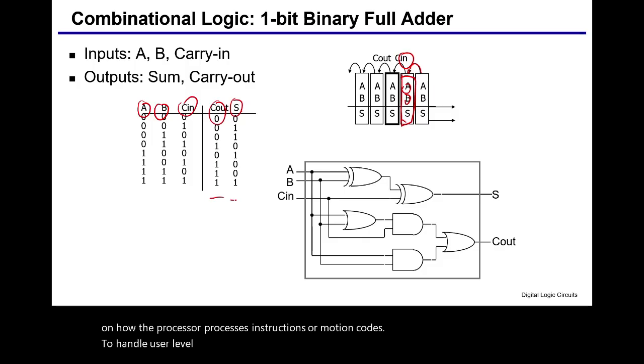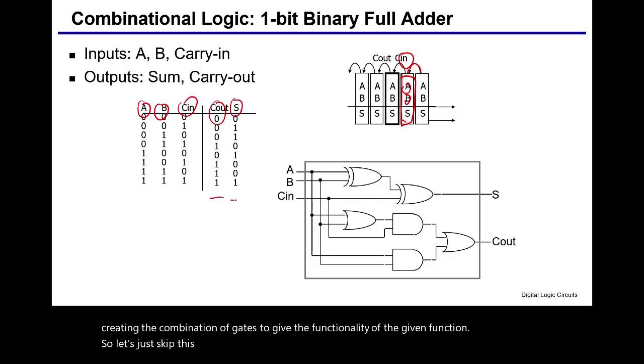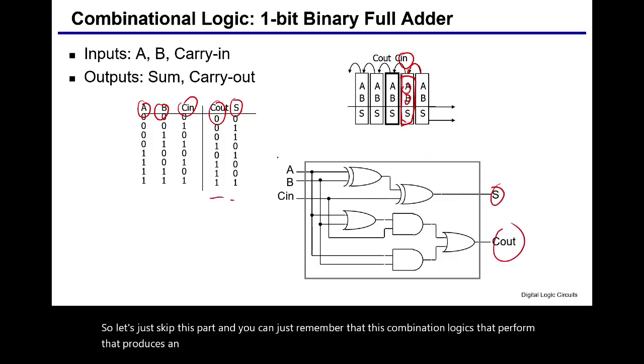So we are not going into the details of the circuit design or creating the combination of gates to give the functionality of the given function. So let's just skip this part, and you can just remember that these combination logics that produce an output given the input can be created by combining these logic gates.